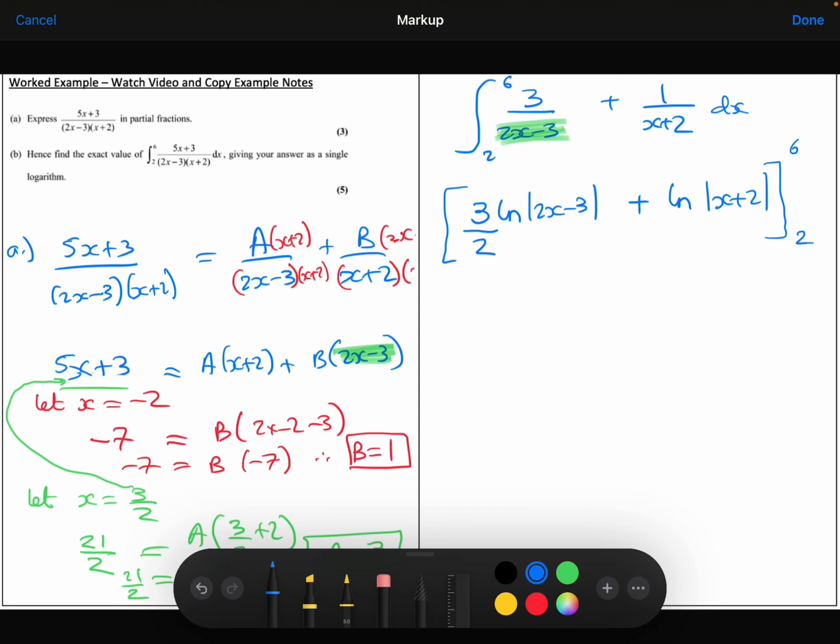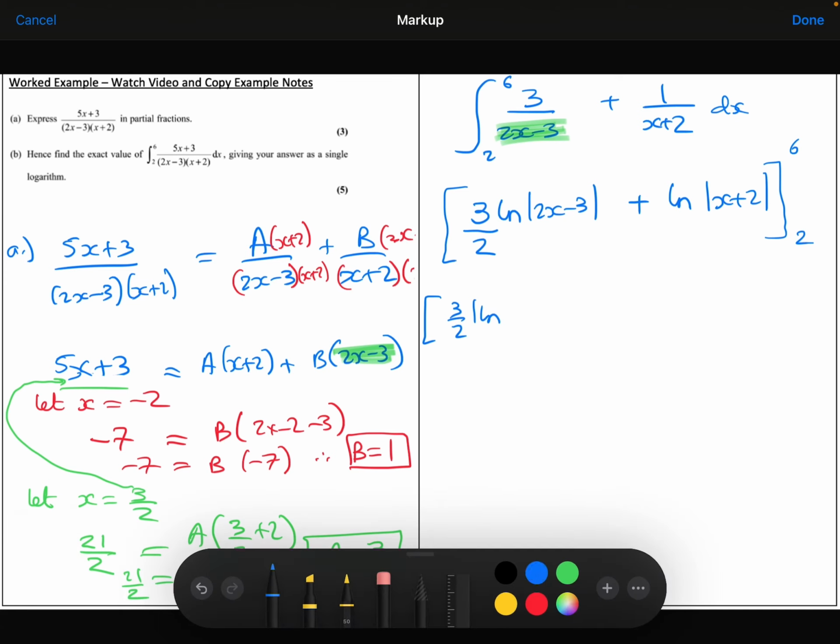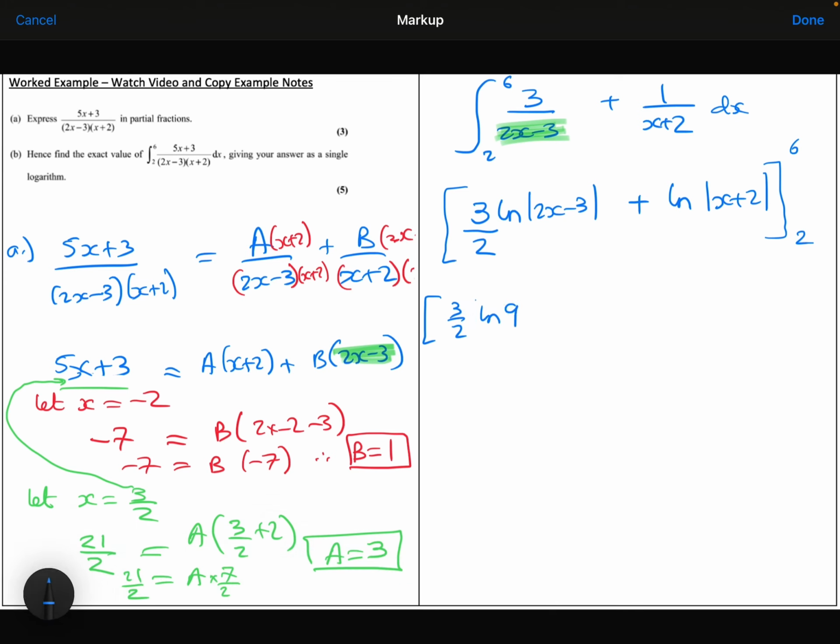So first, let's substitute in the 6. I'll get 3 over 2 ln(2 times 6 minus 3). 2 times 6 is 12, take away the 3 is 9. Plus ln(6 plus 2), which is 8.